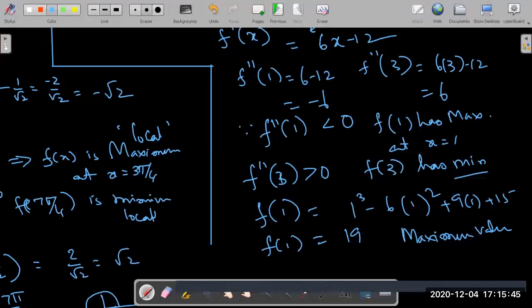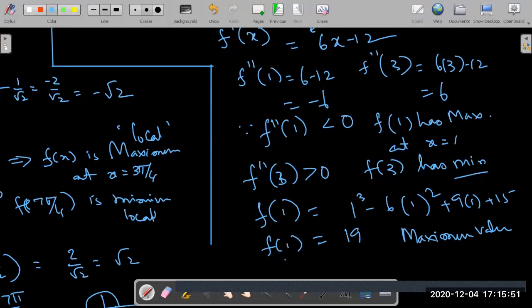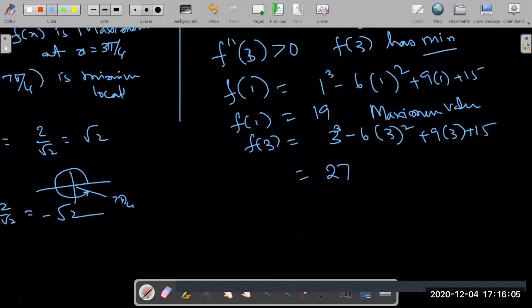We need to find f of 3. So f of 3 will be 3 cube minus 6 into 3 squared plus 9 into 3 plus 15. So that's equal to 3 cube is 27 minus 9 6s are 54 plus 9 threes are 27 plus 15.